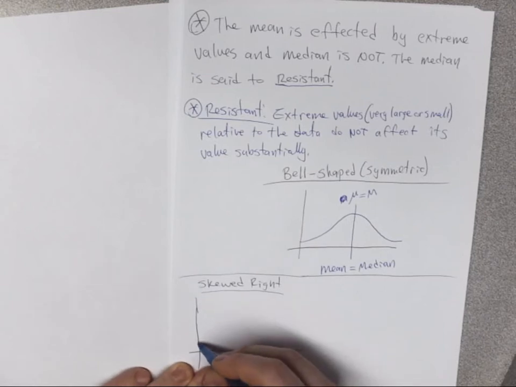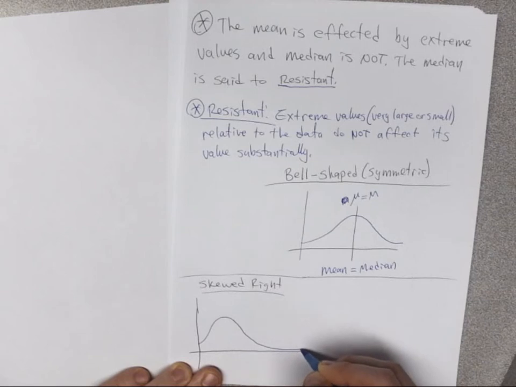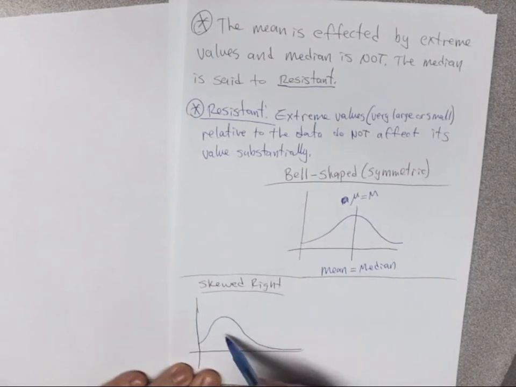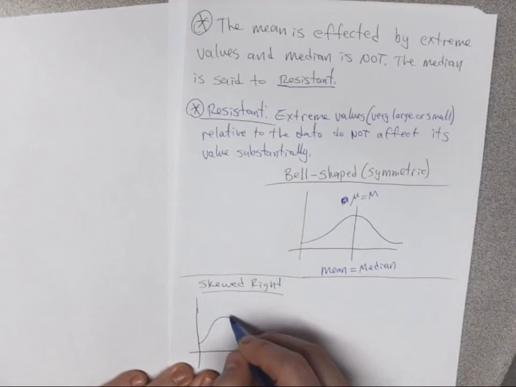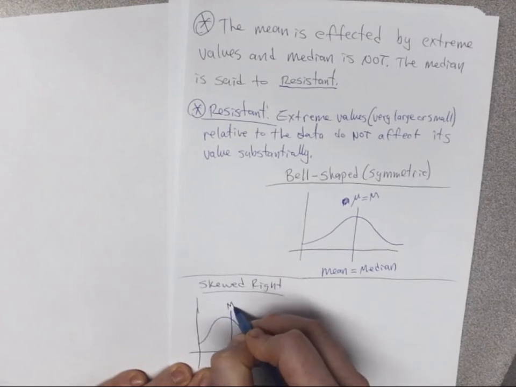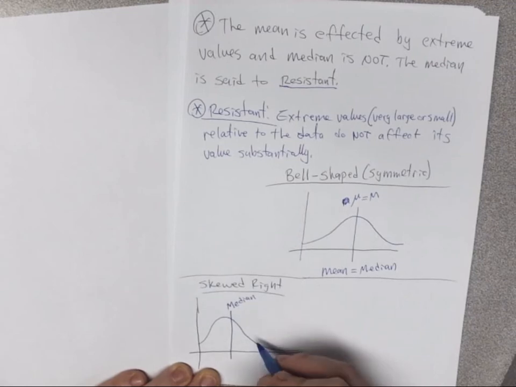So we would have something like this. The smaller outliers are to the right. That's why it's called skewed right. Our bulk of our data lies here. So when we have something like this, our median will lie somewhere right here. Median. Whereas our mean will be somewhere right here.